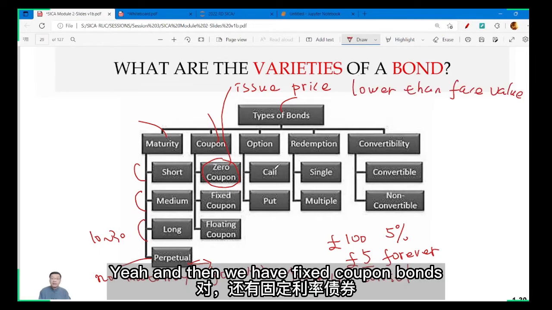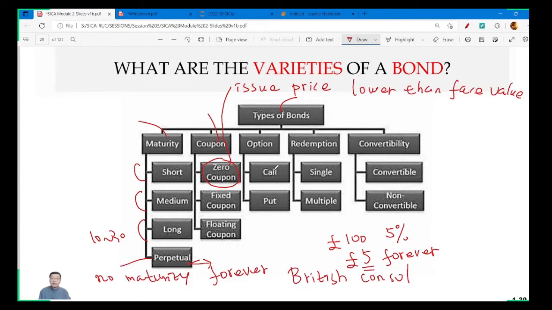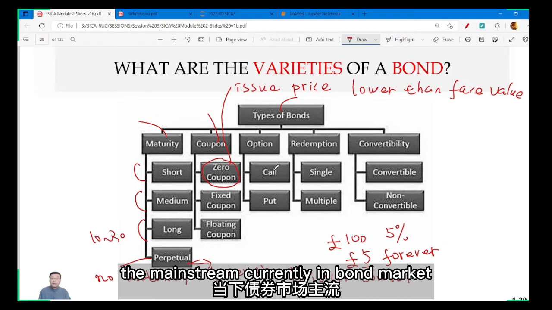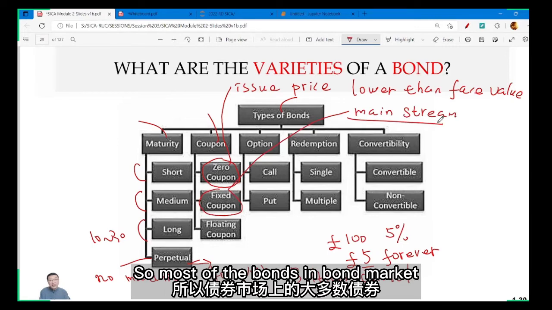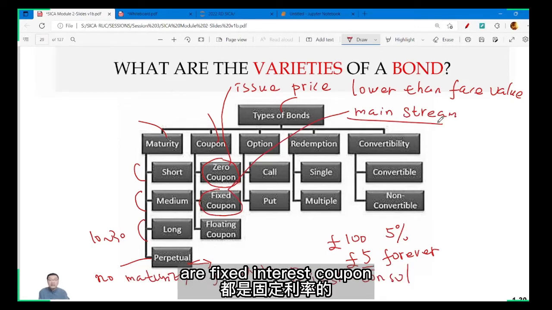And then we have fixed coupon bonds. Fixed coupon bonds are the mainstream currently in the bond market. Most of the bonds in the bond market have fixed interest coupons.